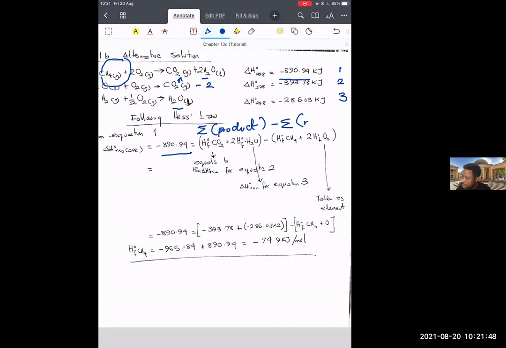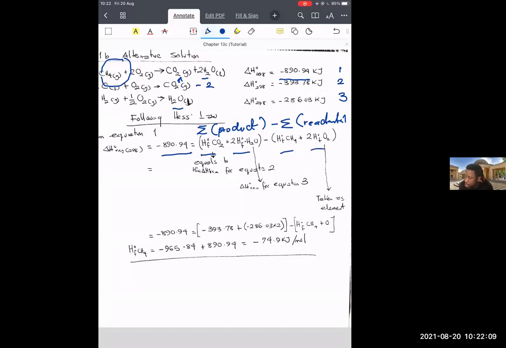That's what I've written out here: heat of formation for CO2 plus that of water, minus that of methane plus that of oxygen.